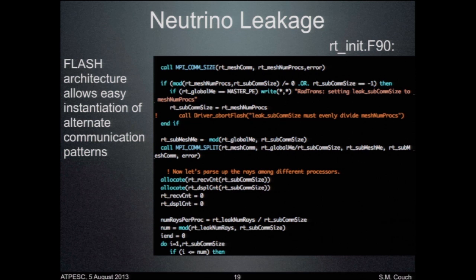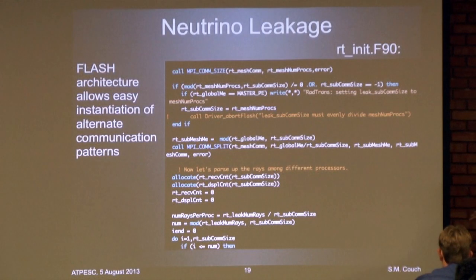So what we did was instantiate subcommunicators, which Flash allows you to do. And taking advantage of module scope data, you can share this in a way that is local to that unit, and you've got a sub-communication layer within a unit that it can utilize to have a different communication pattern than what the grid structure pattern is implementing.